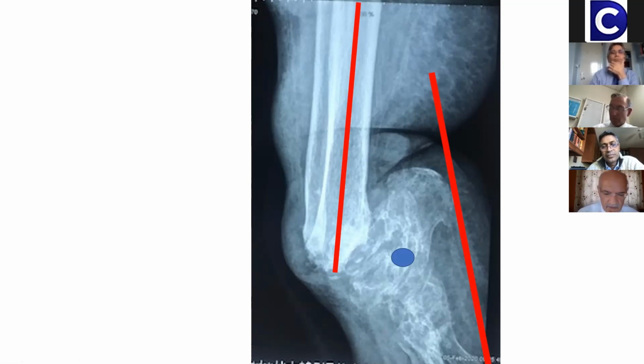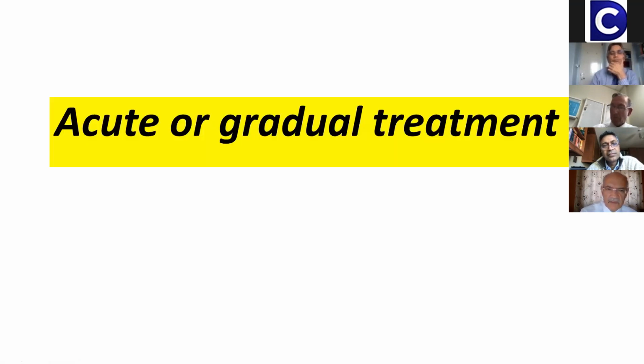We thought about acute or gradual treatment. If you do an acute treatment for such a patient, it's okay, I think. We can correct it, but you have to do much shortening, and at the same time, you have to rotate the foot 130 degrees, and you have to stretch the neurovascular bundle such a long distance.